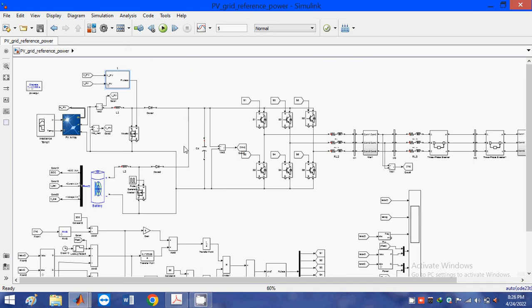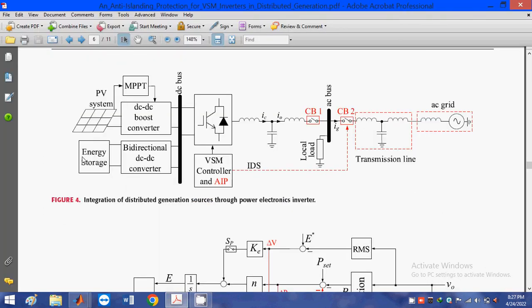In parallel we connect batteries. Why? Because we need to store energy for a certain time interval, and we also need to deliver power for certain time intervals. How this process works is based on the bidirectional flow that we mentioned here. The energy storage system has a bidirectional DC-DC converter, so conversion takes place in both directions. The battery delivers power when the PV panel is unable to deliver power to the loads.